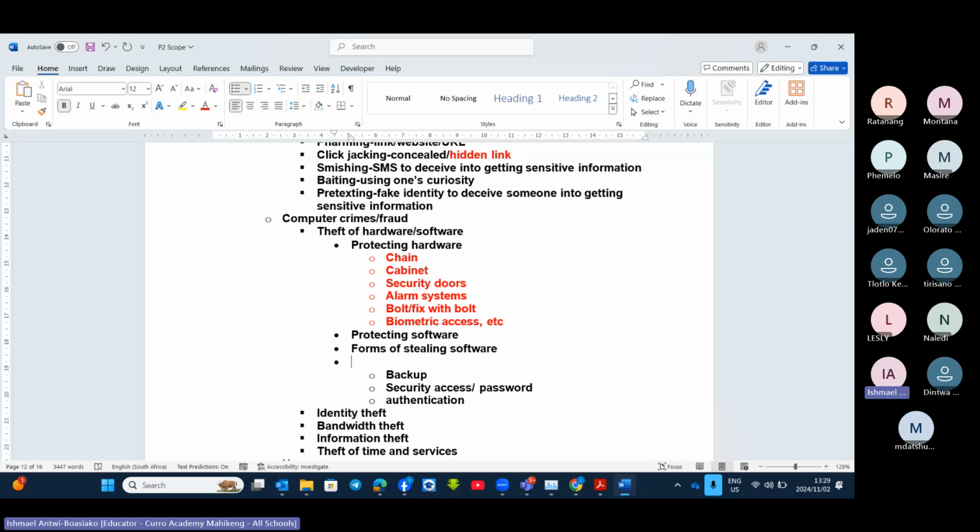Right. Software can be stolen in different ways. One, let's say deleting somebody's work, deleting or uninstalling software without the person's knowledge.